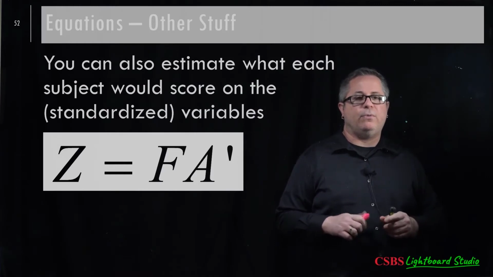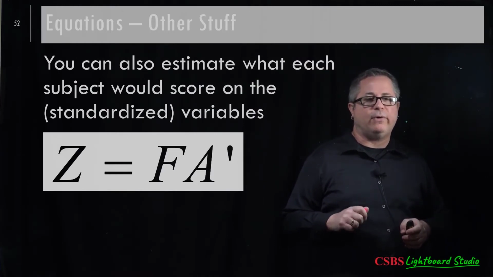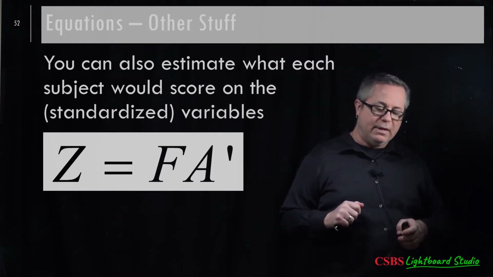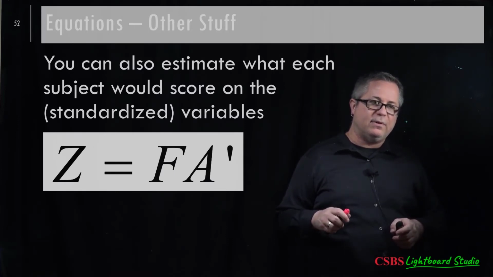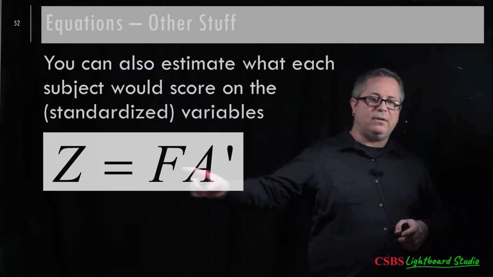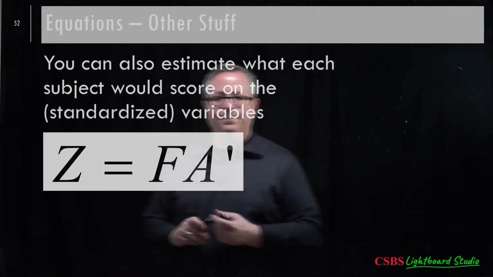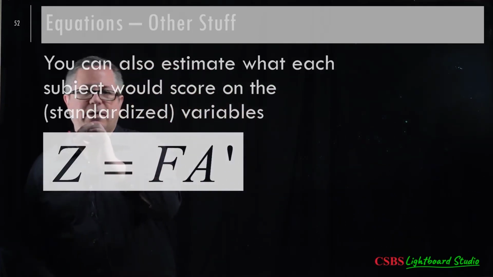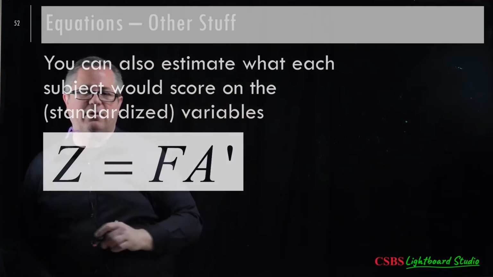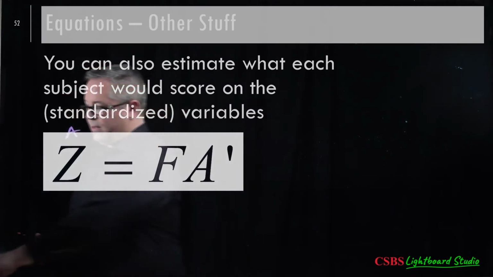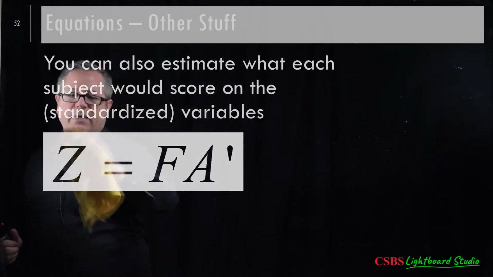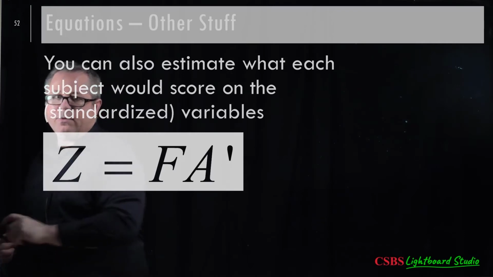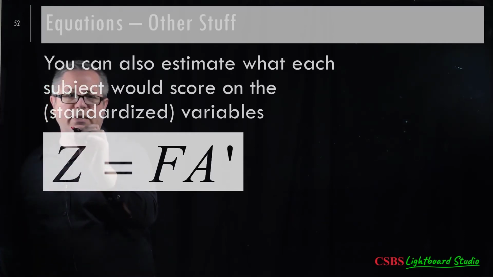You can also estimate what each subject would score on the standardized variables, meaning that if you take their factor score times their loadings, we can get what their predicted score would be, the Z hat values.